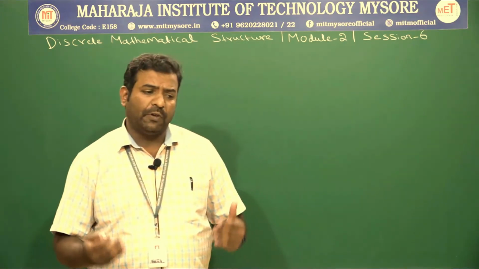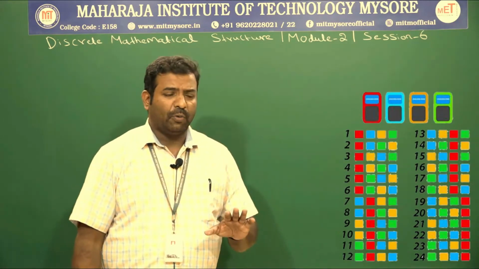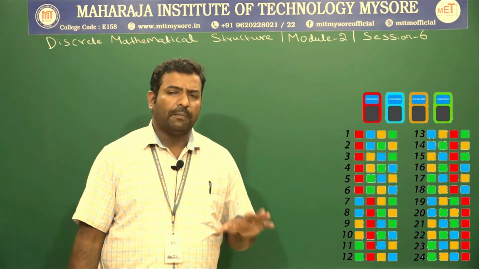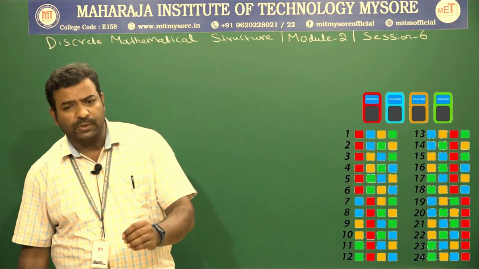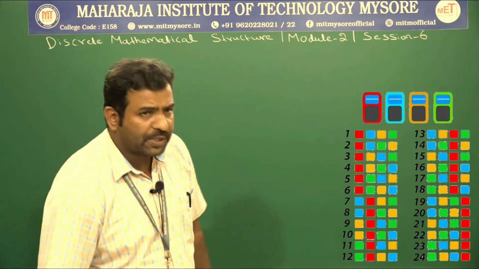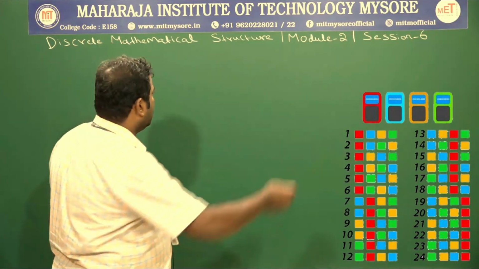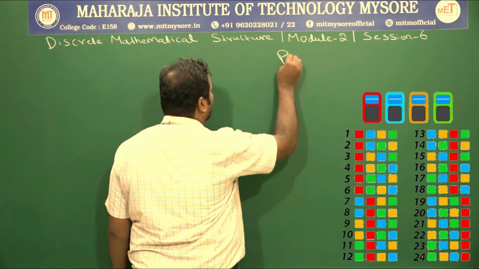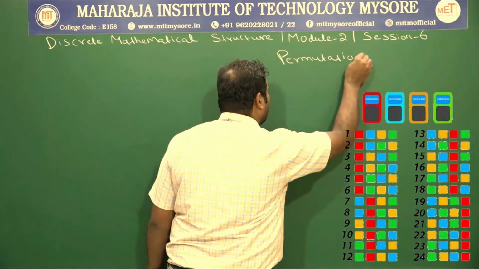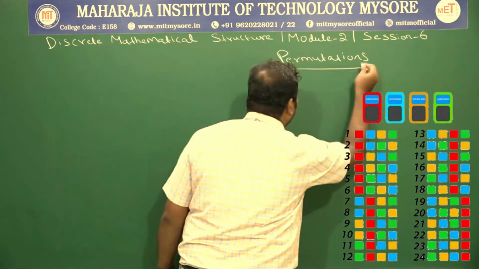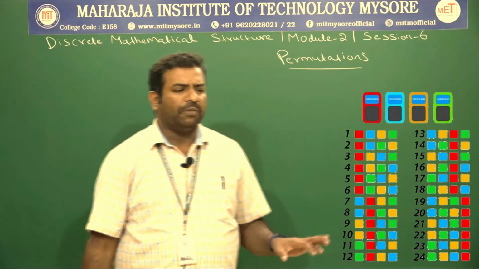Now it's the right time to introduce the next important concept we are about to dive into, that is the permutation. The word is not new to you, but let me put it the way I know, to make sure you understand the permutation concepts in a better way. First we'll discuss what permutation is, and later, once you are aware of how to deal with permutation, let us take up combination.